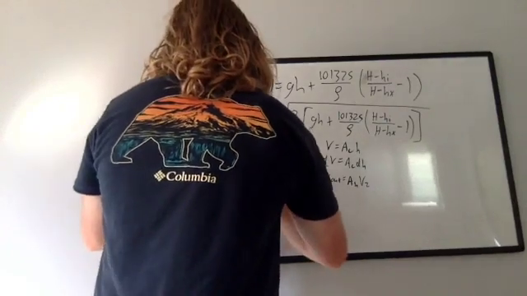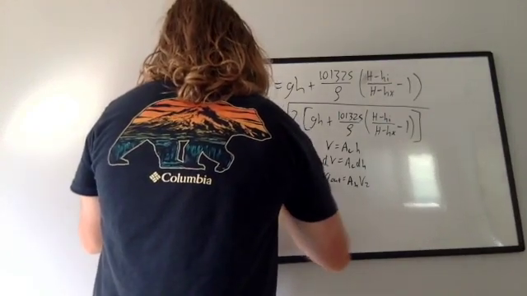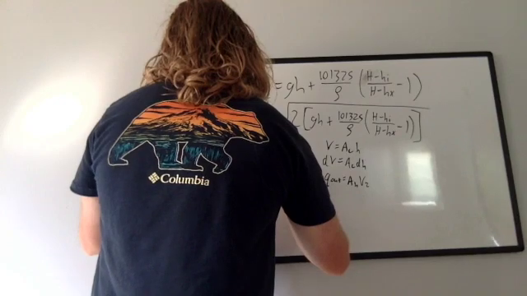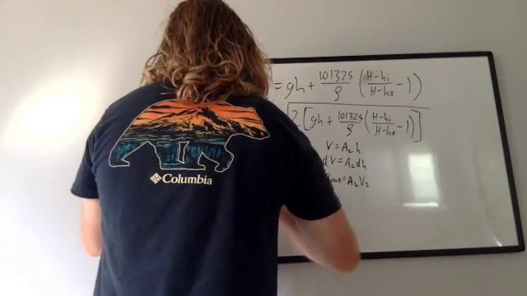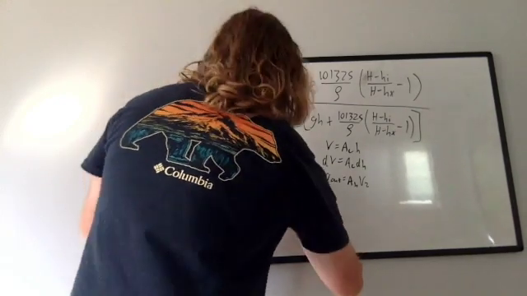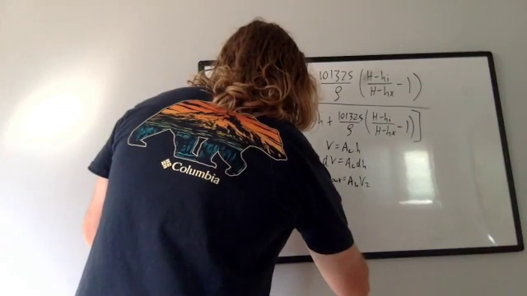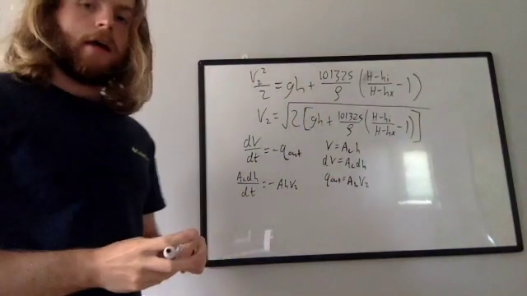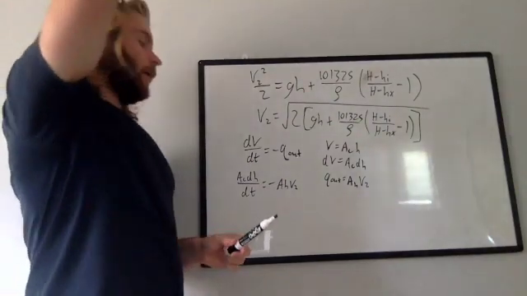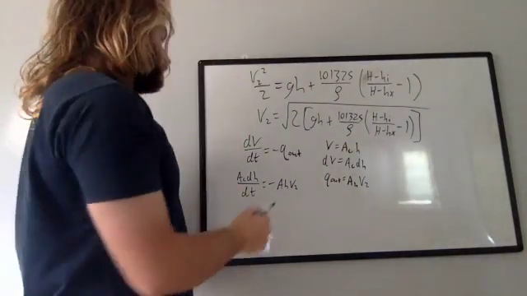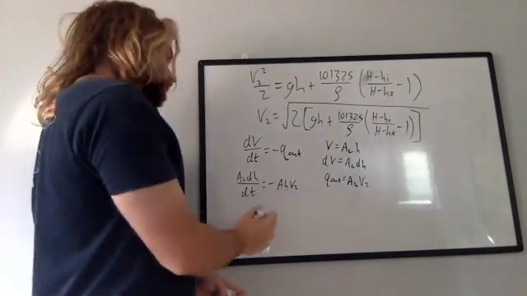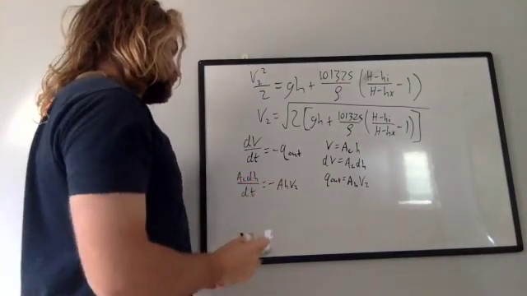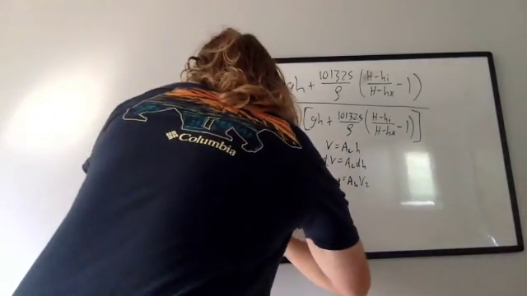So this is going to turn into Ac dh/dt equals negative Ah V2. All right, and then we can just go ahead and divide our Ac over, so we get dh/dt by itself.